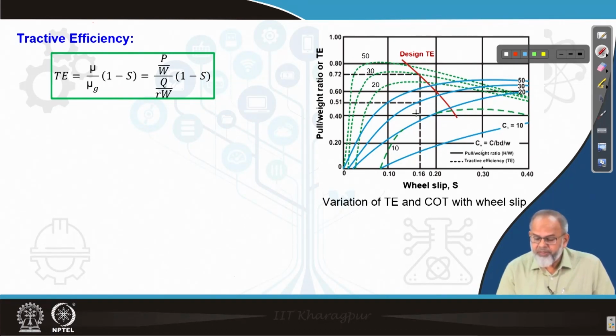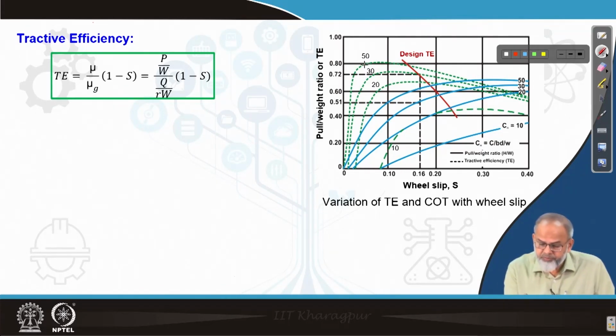for different wheel numerics, CI bd by W, starting from say 10 to 50. So what we observed here is the slip at which you are getting maximum pull or COT value and the slip at which you are getting maximum tractive efficiency.